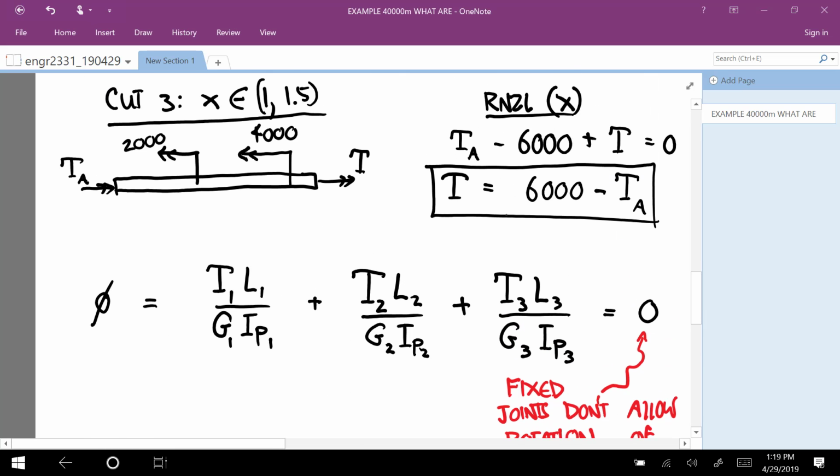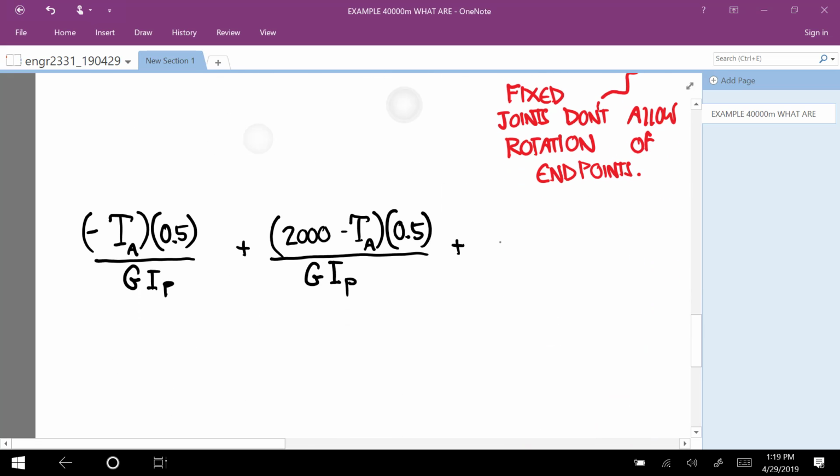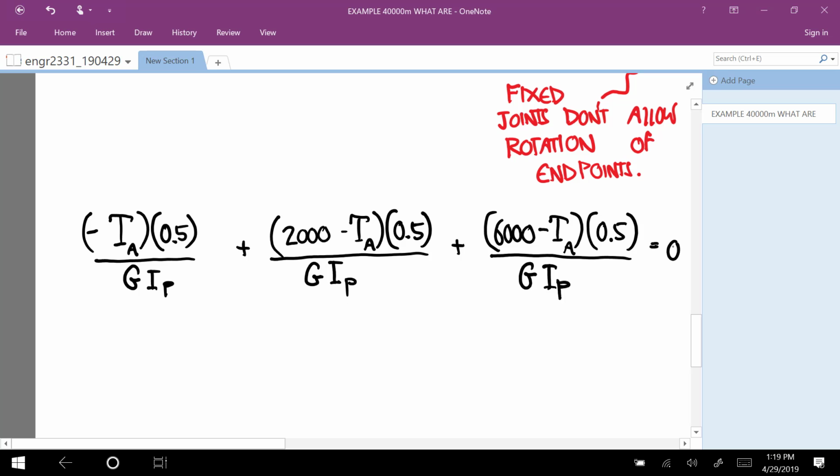Plus the internal torque for the third piece. So that's the quantity 6,000 minus TA times the length 0.5 divided by G I sub P is equal to 0.